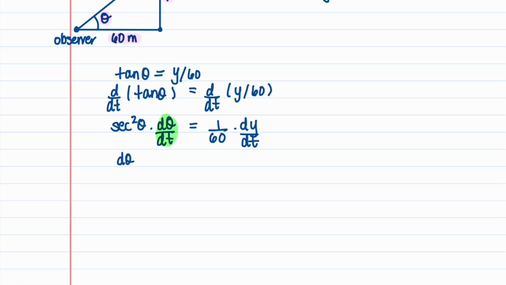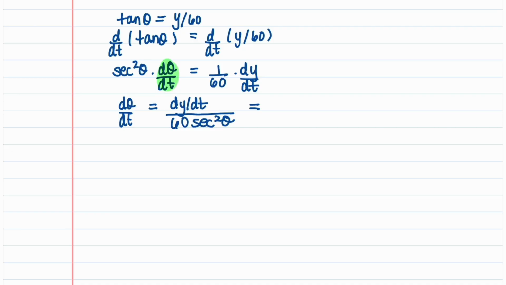We have dtheta/dt is equal to, let's put the dy/dt up here on top, and then in our denominator we have 60 secant squared theta. To make this easier, let's use the fact that 1 over secant is equal to cosine, so we can write this as cosine squared theta times dy/dt, all divided by 60.